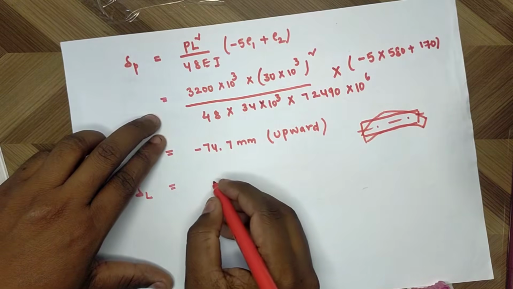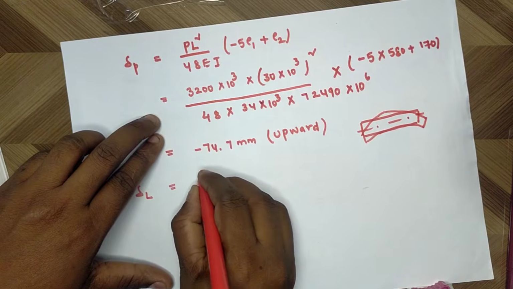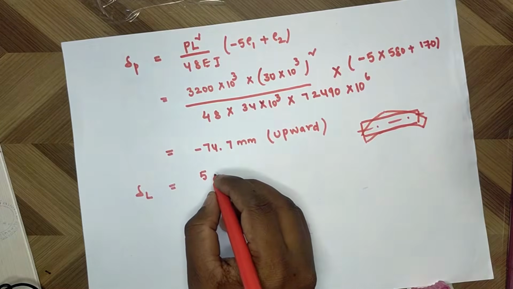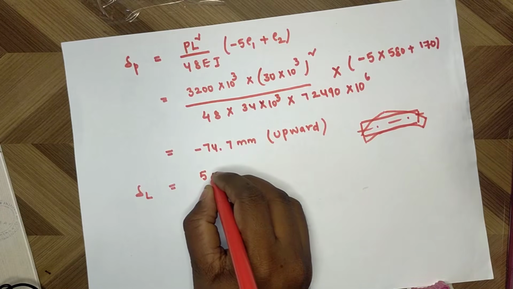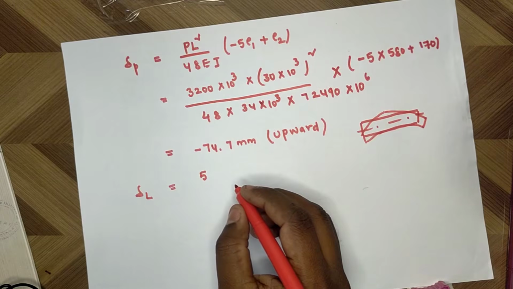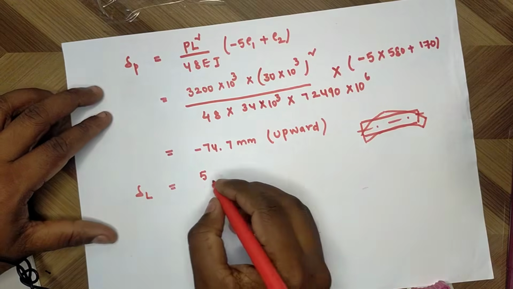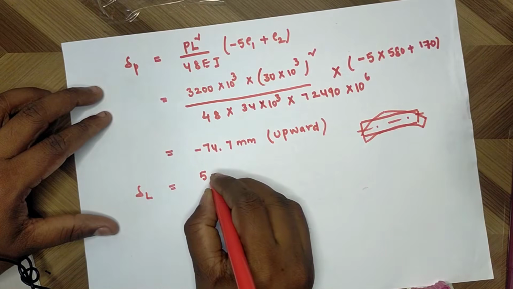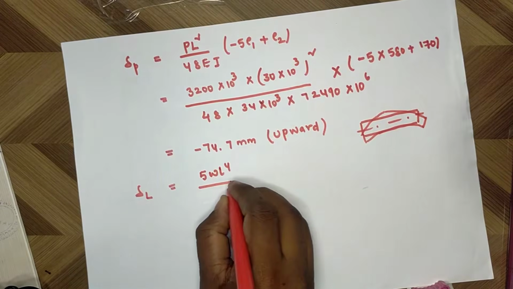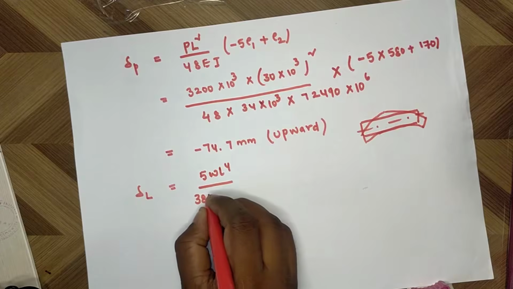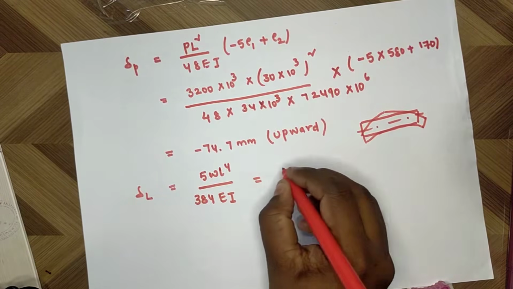Then the formula is 5 W L power of 4 by 384 times EI. How much self weight is given here?